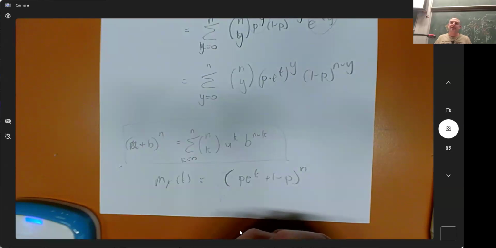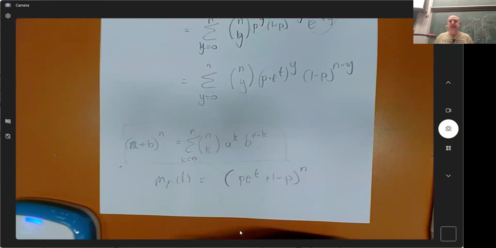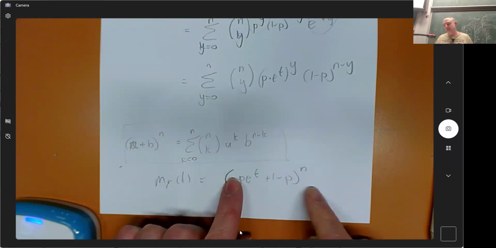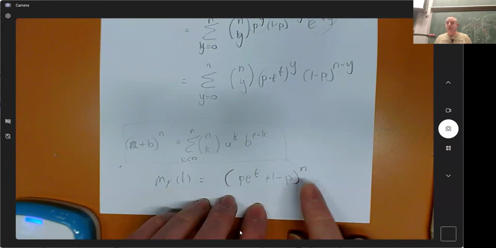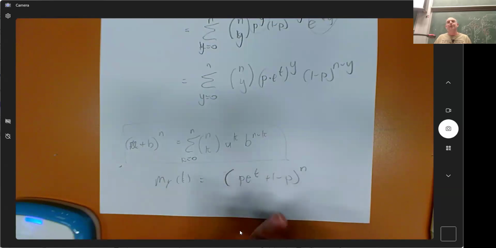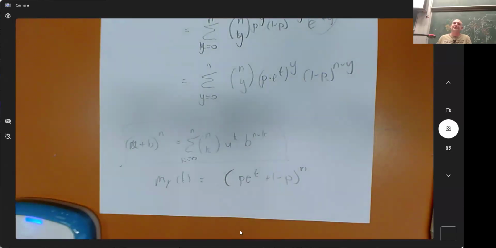There is a handout in the Maths Learning Center, also on the website, called Useful Series for Probability, which lists things like this. This one's not nearly as pretty as the one for the normal distribution. It's a bit clunkier, but this move is just sweet. So there you go. That's moment generating functions.